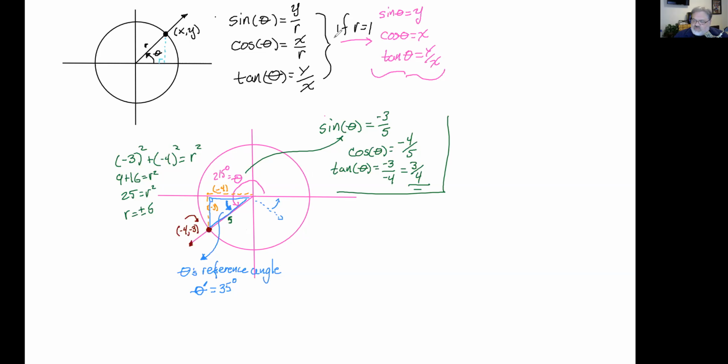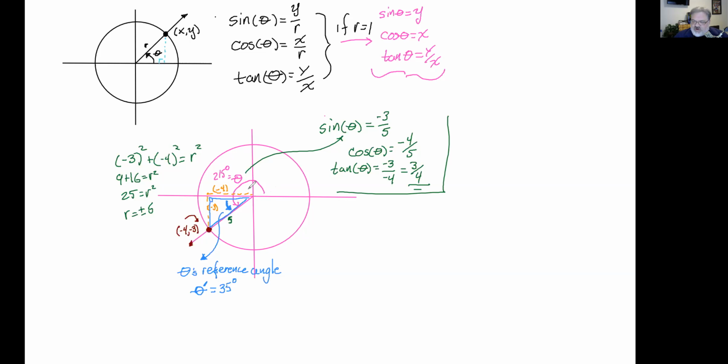So we'll throw that reference angle language around a lot. And the reason we like the reference angle is because all of our sine, cosine, tangent values for the 215-degree angle are going to be the same as the sine, cosine, and tangent for a 35-degree angle, except that they might be negative instead of positive.